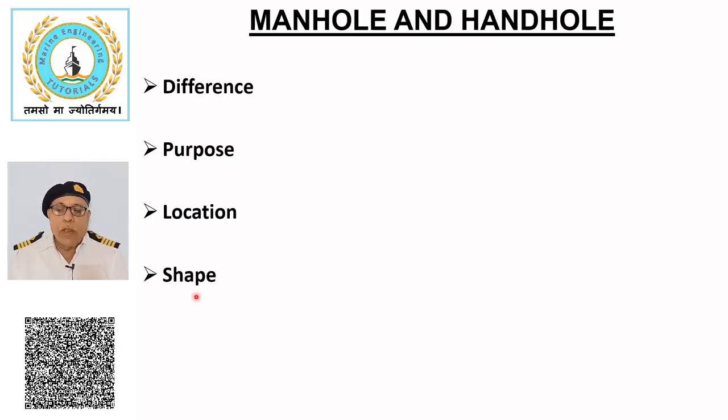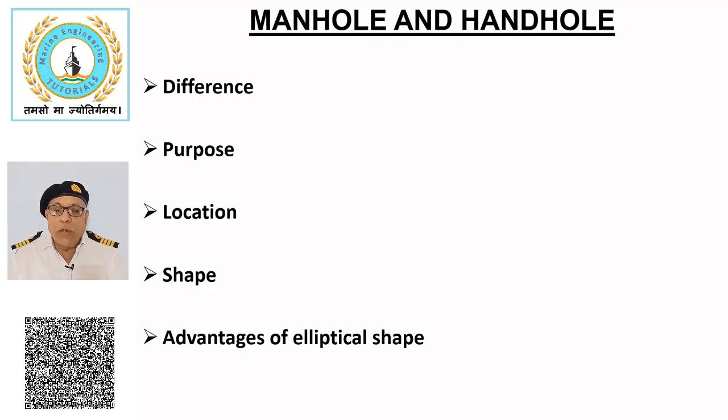Shape. Elliptical shape is preferred for manholes and handholes over circular shapes. Advantages of elliptical shape. Elliptical shape results in lesser loss of strength due to cutting of the hole in the boiler drum, due to its lesser area than a circular one.